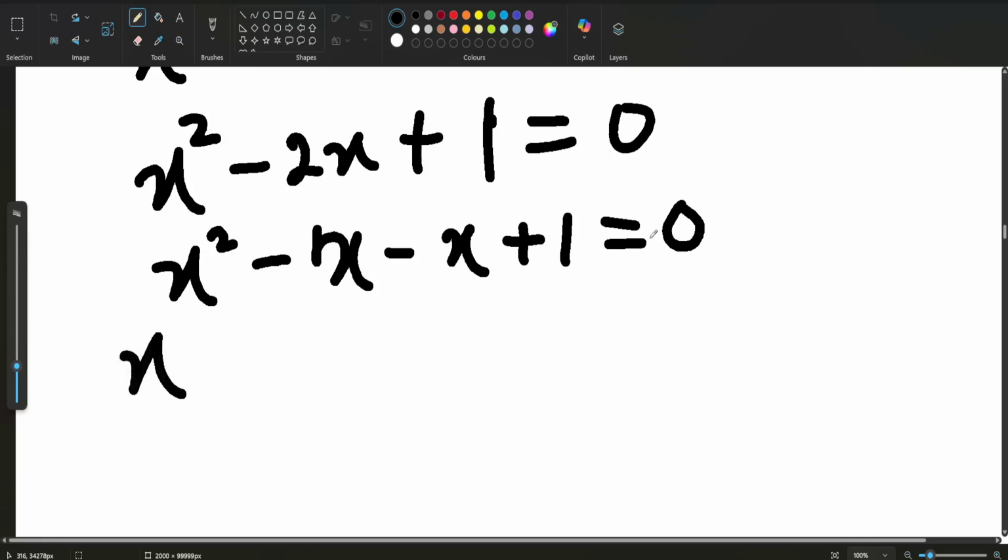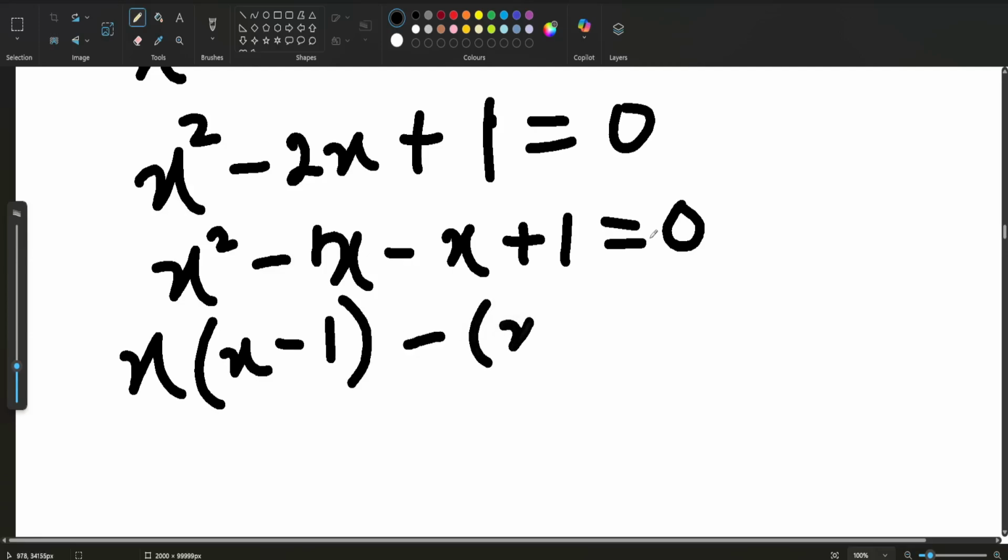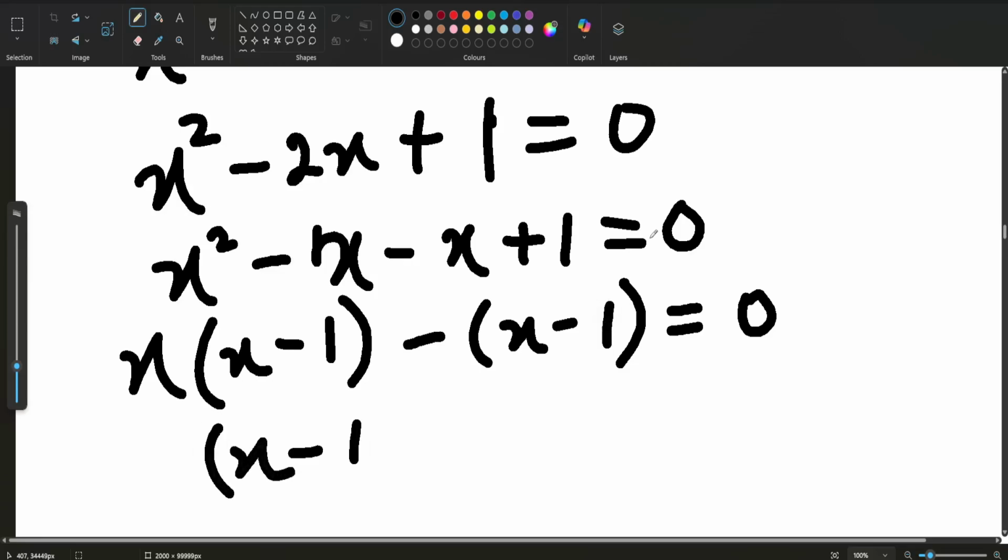So this is going to be x into x minus 1, then minus 1 into x minus 1, equals to 0. So x minus 1 is common. Bring it out, we have x minus 1.